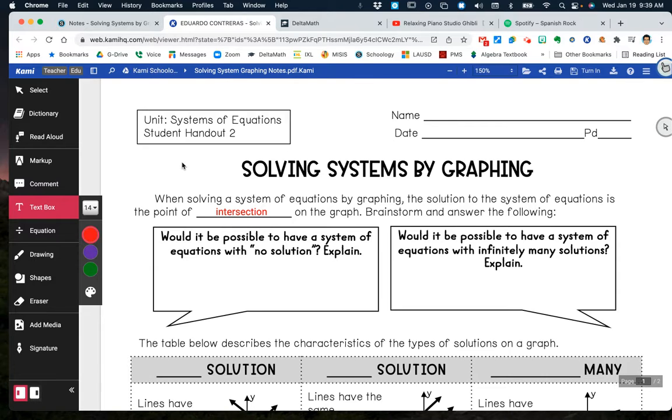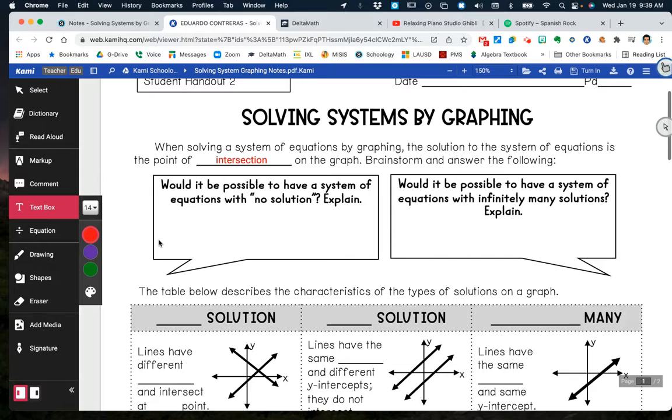So I want us to brainstorm for a bit. Think of what happens when you have two lines. And I want you to also keep in mind that when two lines cross, that point, that dot where they cross, that's called a solution. So the first thing I want us to brainstorm and maybe come up with a thought about is, would it be possible to have a system of equations that has no solution?